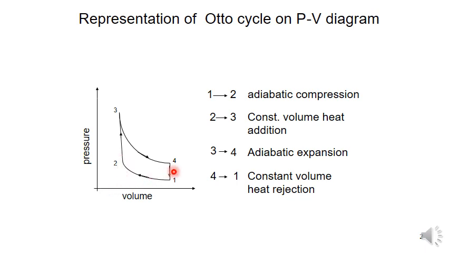The initial pressure P1 and temperature T1 increase to P2 and T2, whereas the volume decreases from V1 to V2. We already discussed this in the last class.